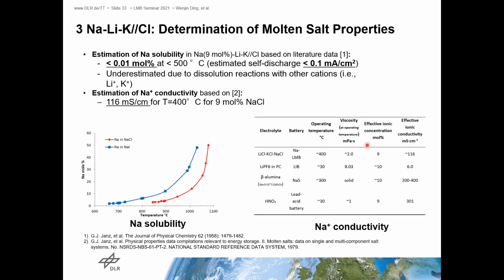We also did the determination for the chloride salt, and it also has very low solubility of sodium metal, and its estimated self-discharge rate is also low enough. But it has a similar problem, so we needed to do the experiment. The sodium ion conductivity is also estimated to be high enough. And here's a comparison with other electrolytes.